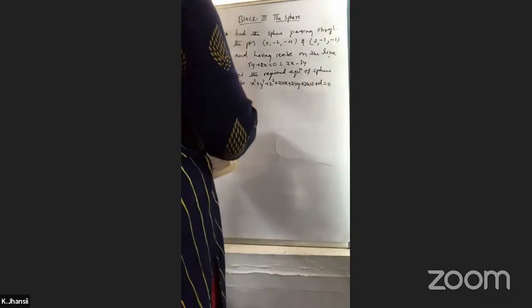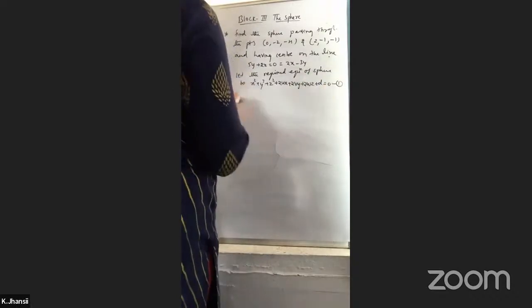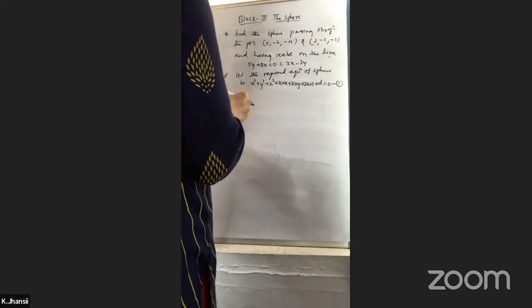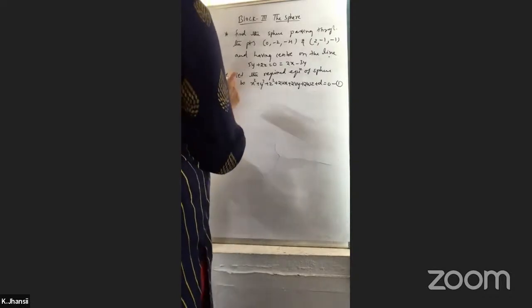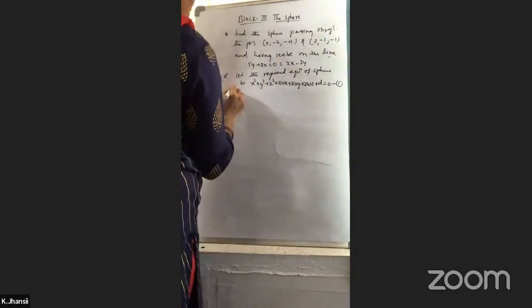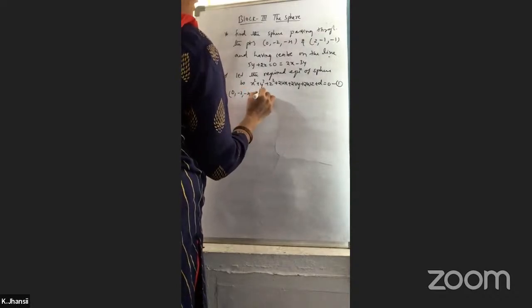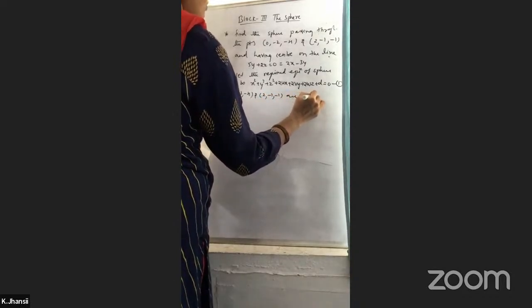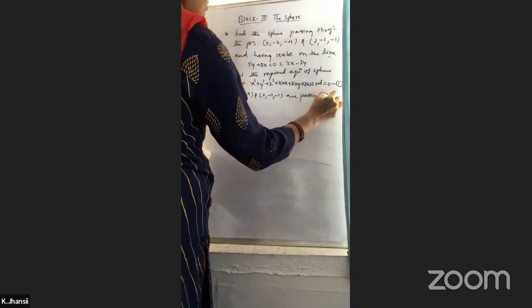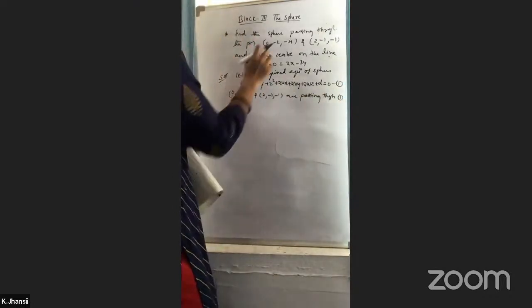Okay, this is the required equation. So here 2 points are there, (0, -2, -4) and (2, -1, -1), and they are passing through the sphere. Whenever they are passing through it, we have to substitute the x, y, z values.